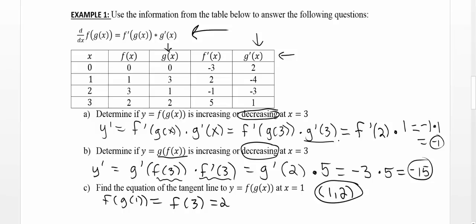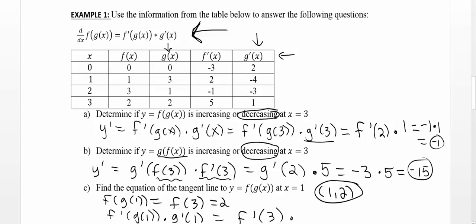Also for the equation of the tangent line, I need the slope of the tangent line, which means I need the derivative of the function at x equals 1. So again, using the chain rule, I'm going to be calculating f prime of g of 1 times g prime of 1. I'm going to start looking up these values. So the first value I'm going to look up is g of 1. So g of 1, I go to my g column, I go to x equals 1, and I get a value of 3.